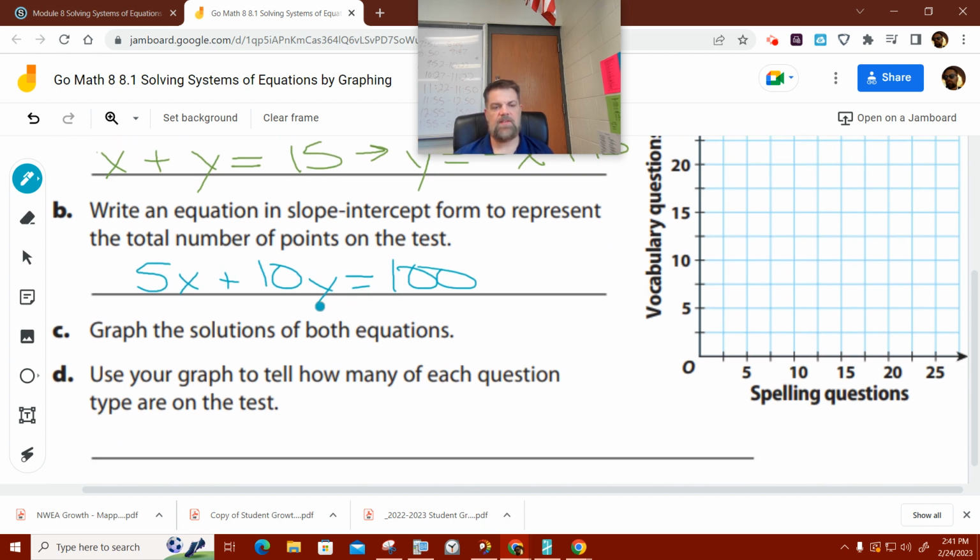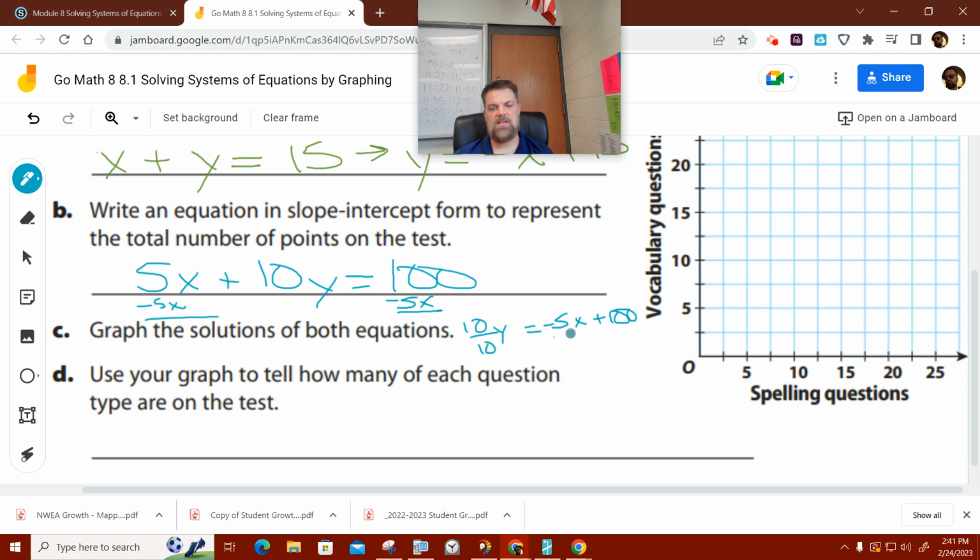I have to subtract 5X. So let's kind of do this in our head. If I subtract, well, I'll write it down. Subtract 5X. So that gives me 10Y is equal to negative 5X plus 100.